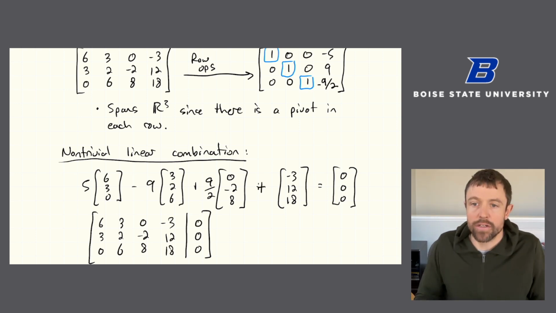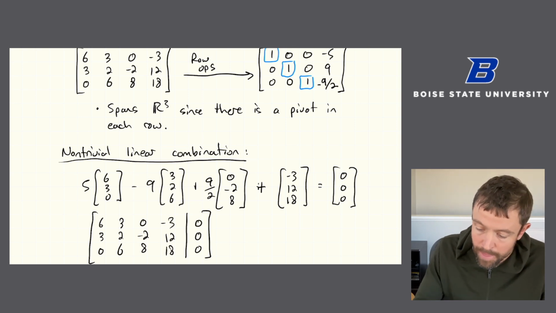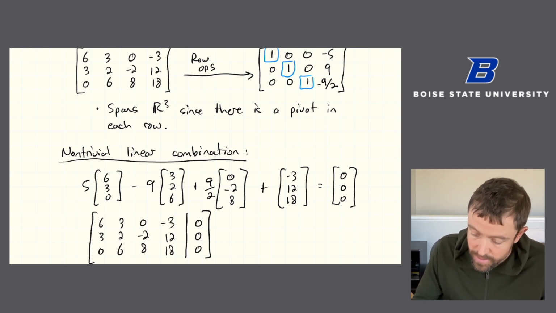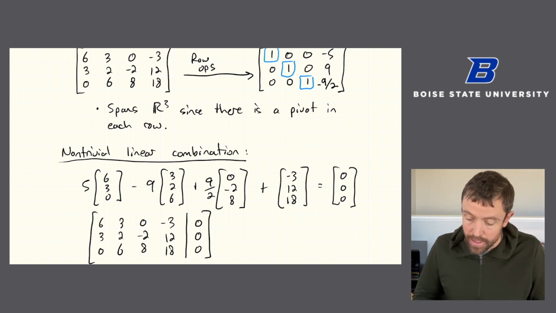So this is a non-trivial linear combination of these vectors that gives us 0. And if you want, you can go through and confirm coordinate by coordinate that this is true.